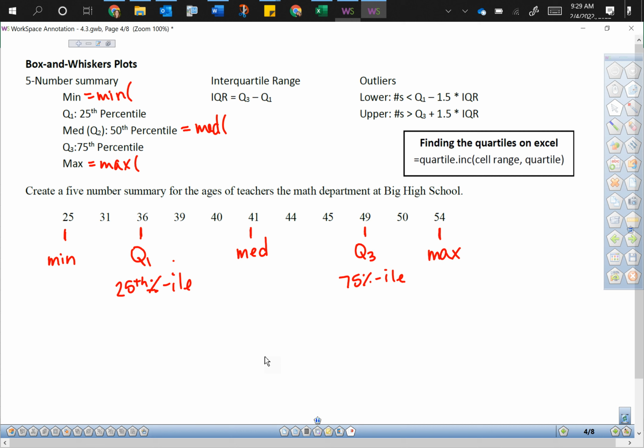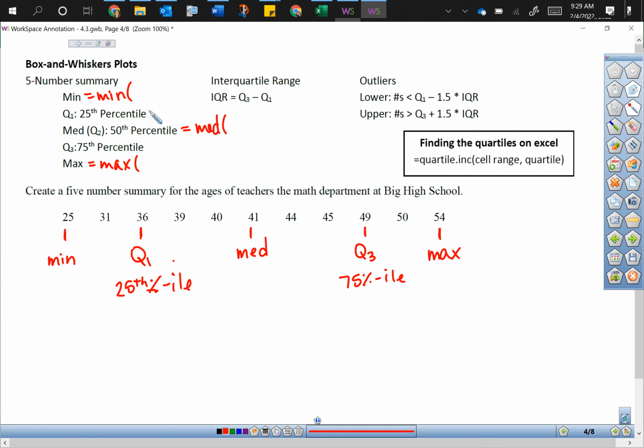Okay? Now, finding it by hand, we should be really good at that. We really should. When it comes to Excel, which again, do not do this on Hawks today. You need to do it by hand. But in the future, when it comes to Excel, you can find the first and third quartiles 2 different ways.